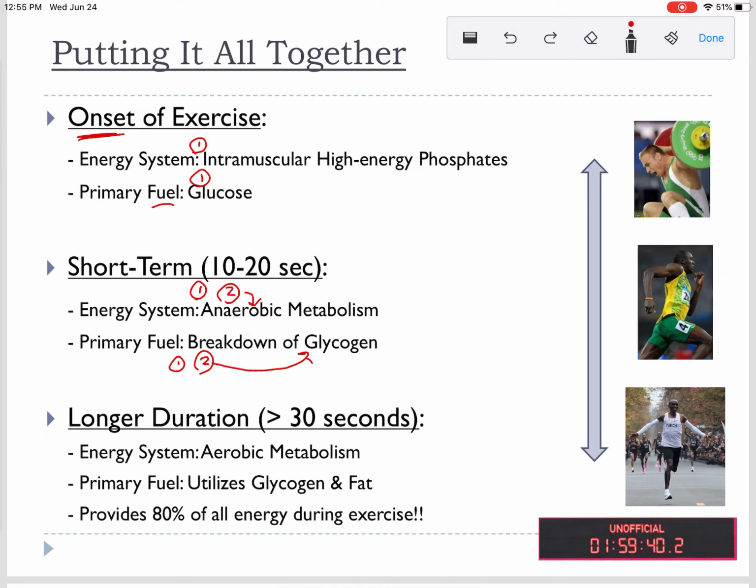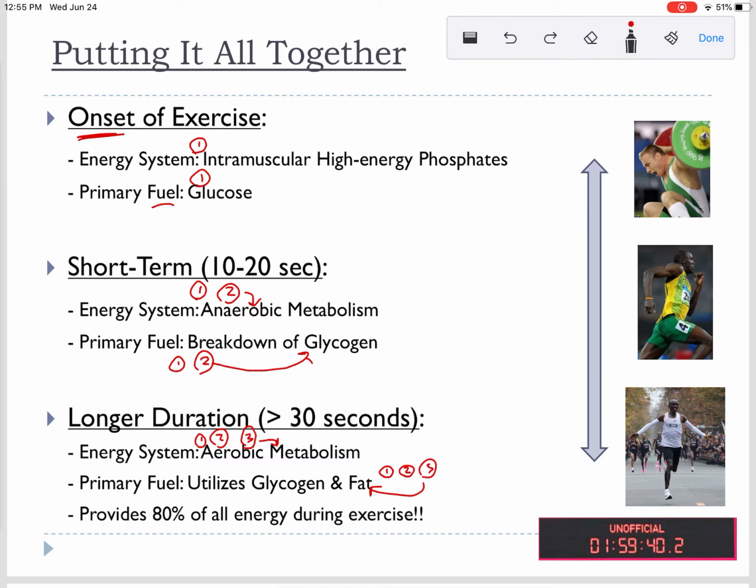He's the dude that just beat the sub-2-hour marathon mark. He utilized at the very onset the intramuscular high energy phosphates, then for a little bit the anaerobic metabolism. But because the duration is so much longer, he's going to be relying most on the aerobic metabolism. He's going to utilize glucose at first, then glycogen, but he's also going to be utilizing the most fat.